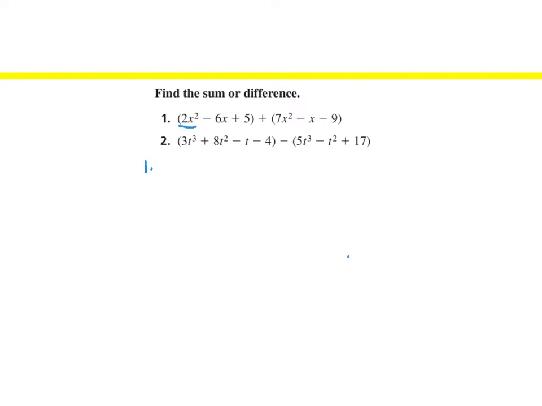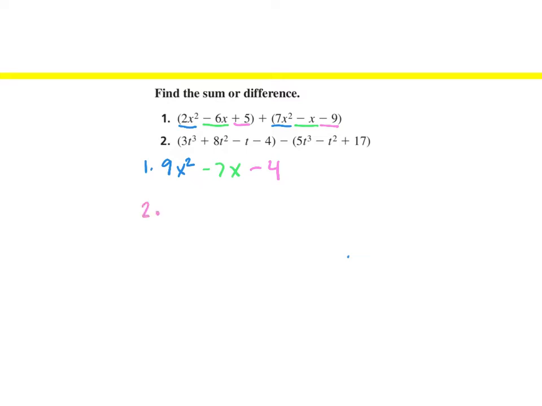We have 2x squared and 7x squared, so this is 9x squared. Negative 6x, negative x becomes negative 7x. And then plus 5 minus 9, this would be negative 4. So 9x squared minus 7x minus 4 would be our answer for number 1.